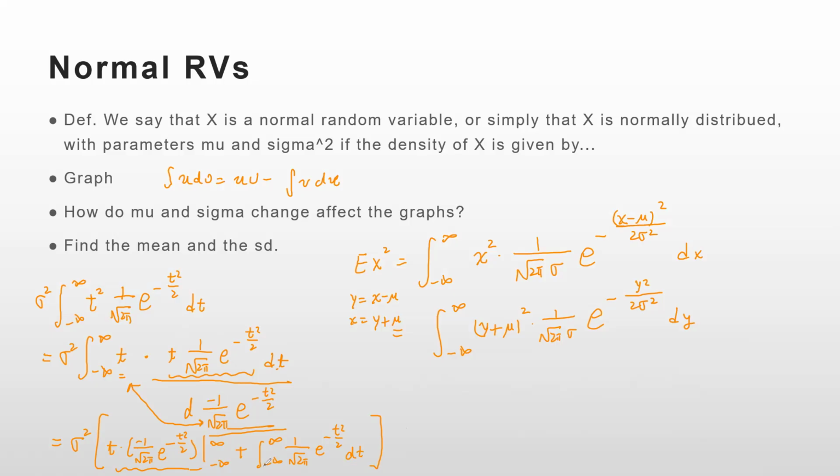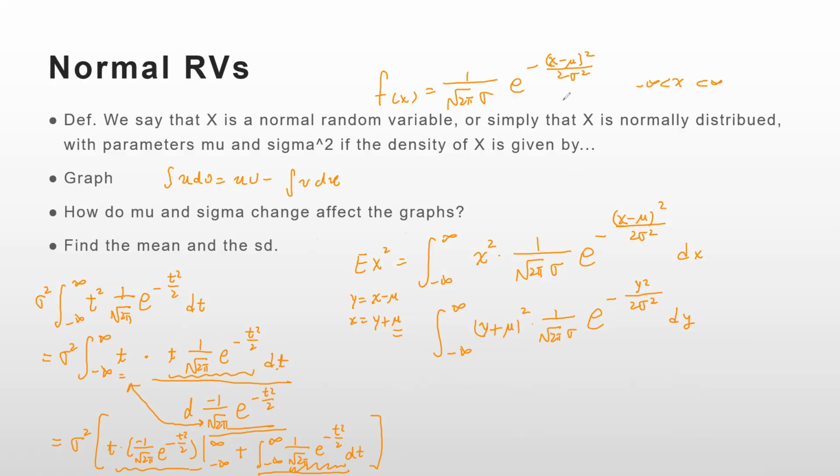And this term, you notice that this is just a density when mu equals 0 and sigma equals 1. Originally we have this density function, f of x equals 1 over the square root of 2 pi sigma e to the negative x minus mu squared over 2 sigma squared, for x greater than negative infinity, less than infinity.